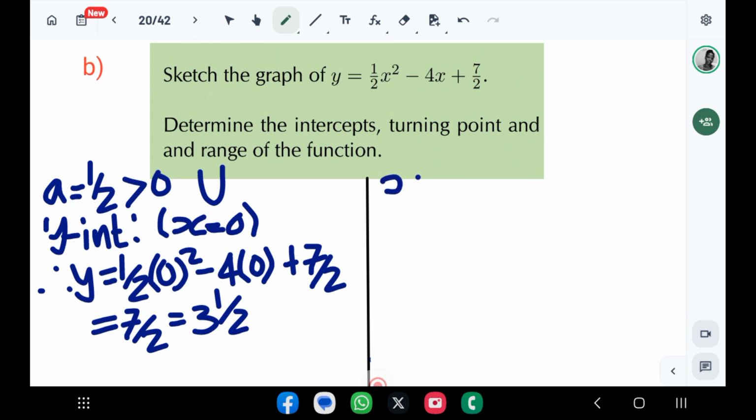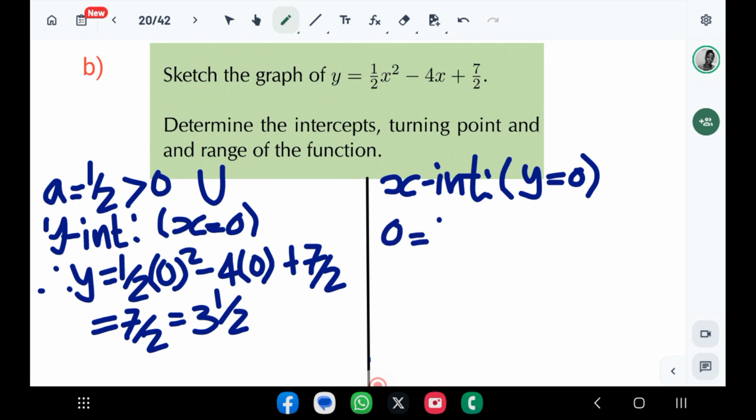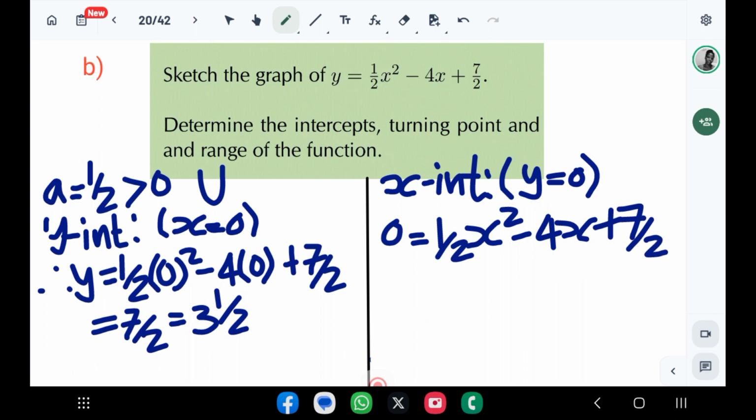And then for the x-intercept, we make y 0. When we make y 0, this is what we have. 0 equals half x squared minus 4x plus 7 over 2.